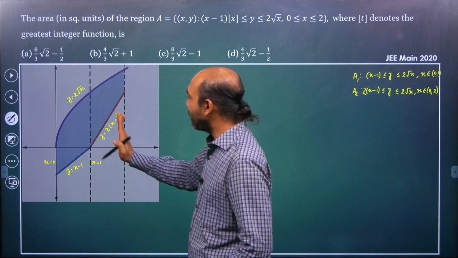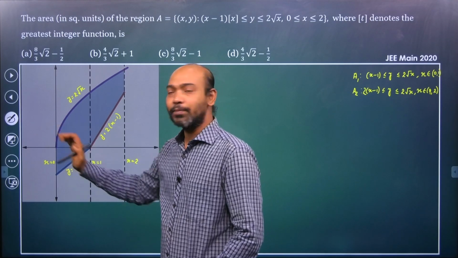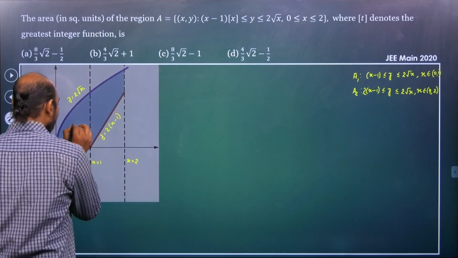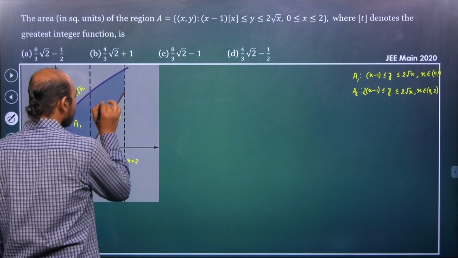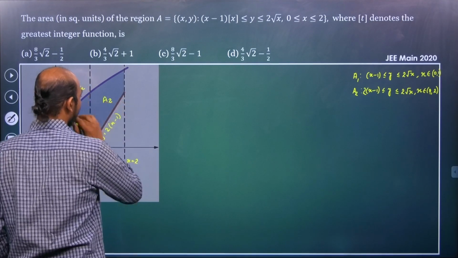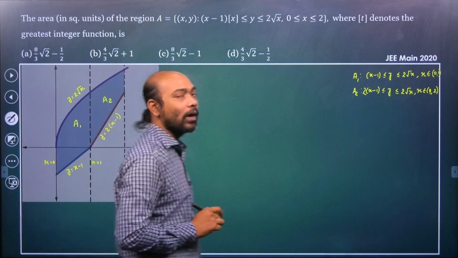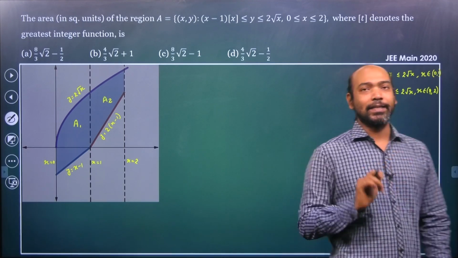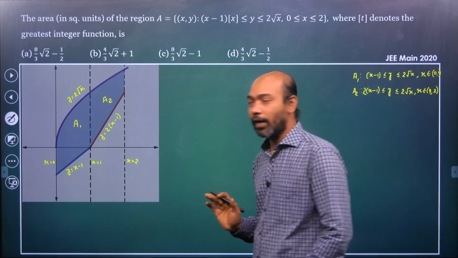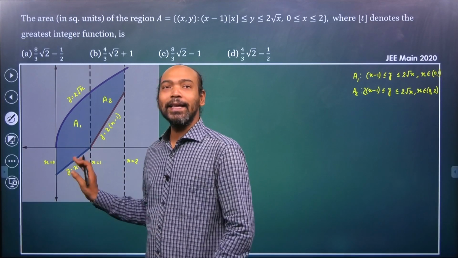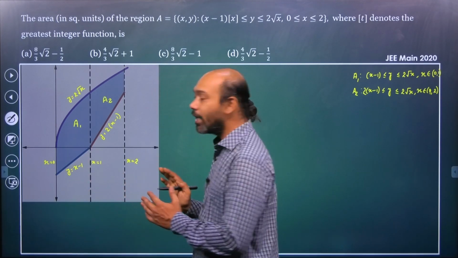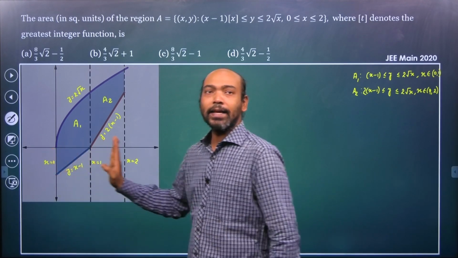I assume the area in the part less than 1 is A1, and this is the region with area A2. So the total area is A1 plus A2. That's what we are looking for. What is the area A1? It's bounded by x equal to 0 and x equal to 1.